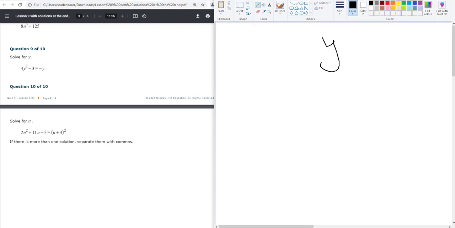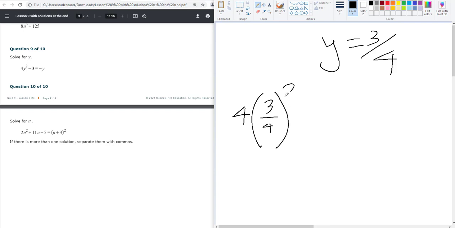So now let's check y equals 3/4. So that's 4, 3/4 is substituted in for the y, so that's 3/4 squared. Minus 3 is minus of 3/4. So I should get negative 3/4 when I simplify this side.